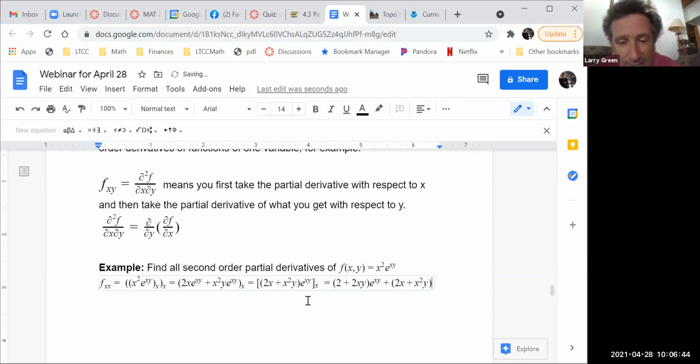And now I need the chain rule. Derivative of e to the xy is y e to the xy. So I'm going to throw in another y there, and multiply the y through, and then I get a y squared e to the xy. And there's my answer. Any questions on that?